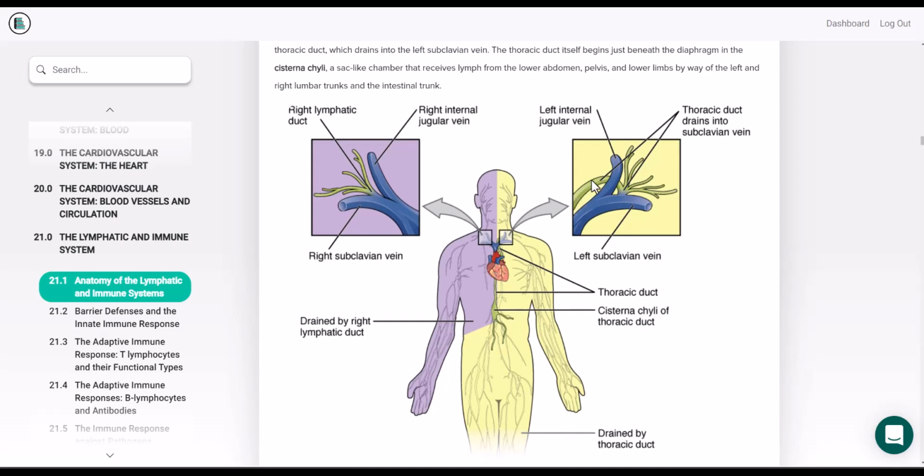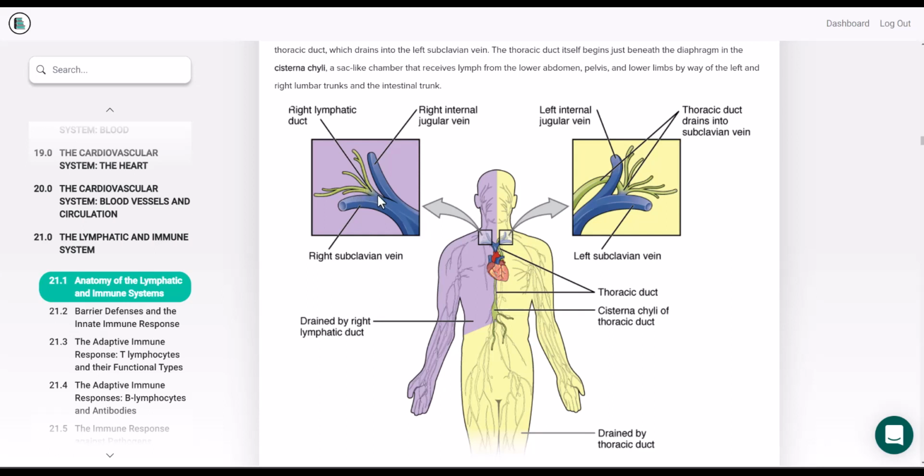The thoracic duct comes up and it drains right about where the internal jugular vein comes down through the neck, and the subclavian vein returns blood from the brachial region. And right where they merge, that's where the thoracic duct drains in. That's on the left side. And then on the right side, the right lymphatic duct does a similar dumping of that fluid. Remember that while that fluid is in the lymphatic vessel, it's called lymph.